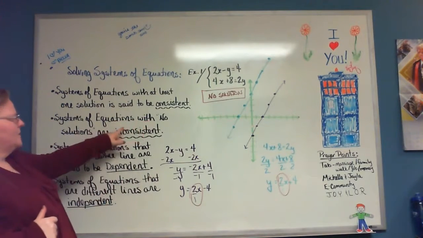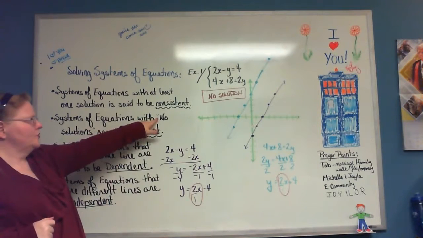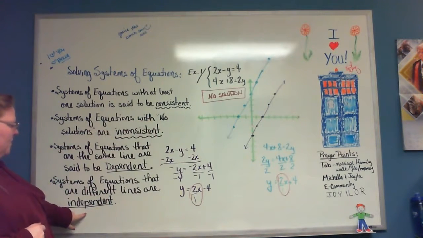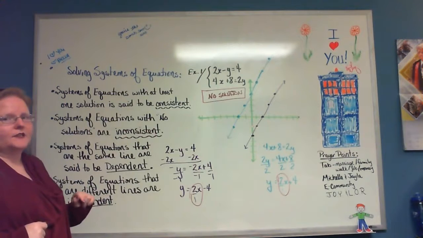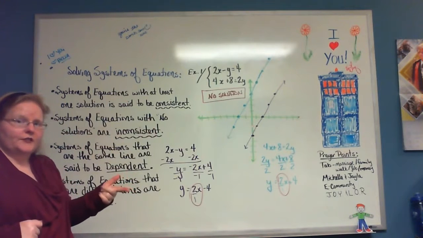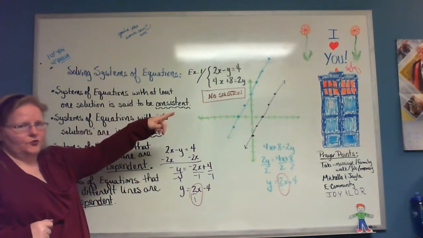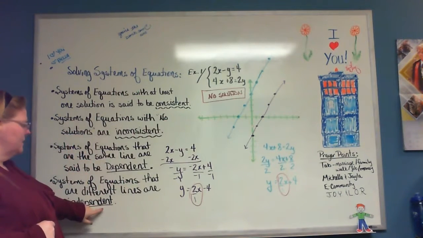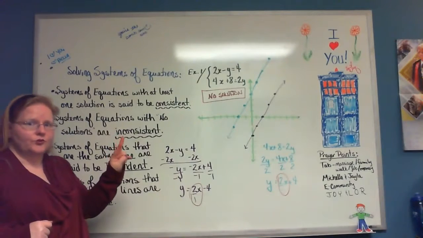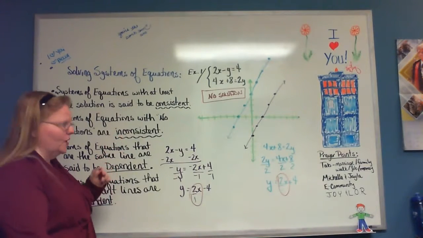So this one happens to be inconsistent because it was no solution, but it is independent because they are different lines. The first one we did was consistent because there was a solution, but it was also independent because there were two different lines. They weren't the same line.